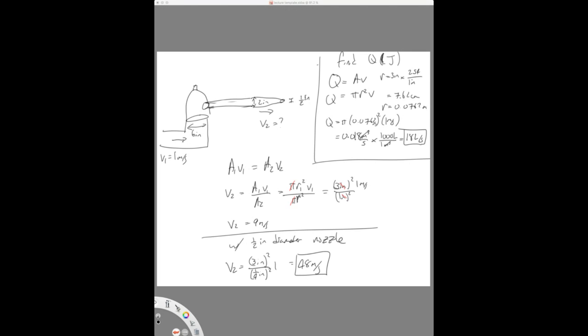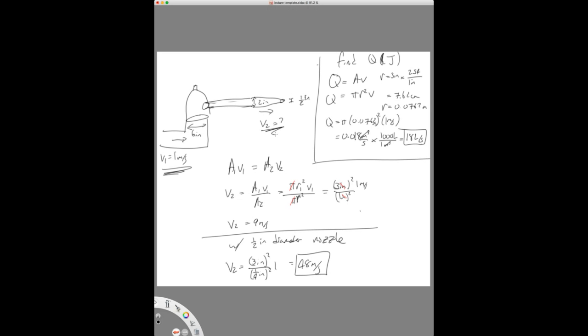Okay, I want to talk about this system, and I want to know where the higher pressure is. Is it higher pressure when the water comes in, over here where we have V1, or is the higher pressure where it comes out, over here where we have V2?